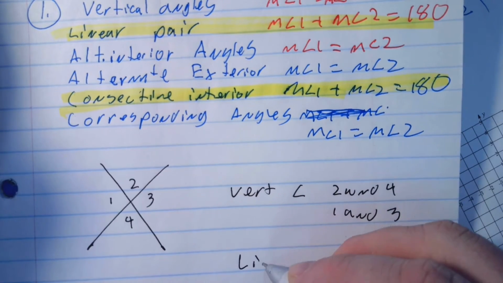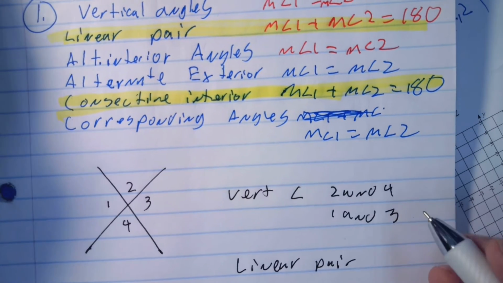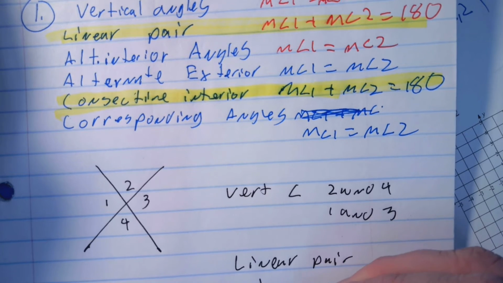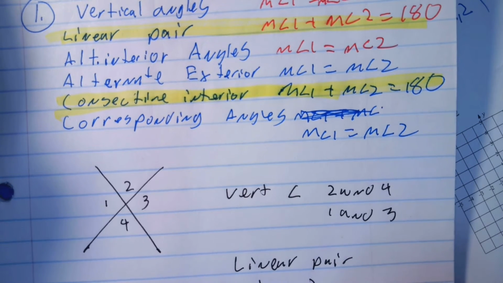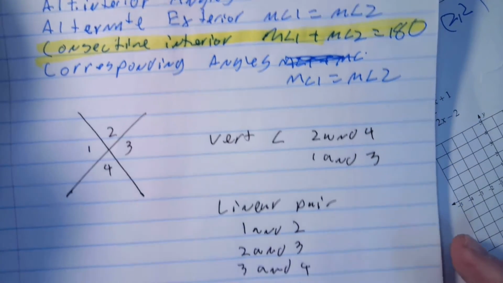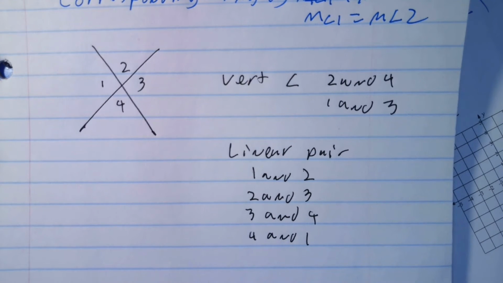Linear pairs are 1 and 2, 2 and 3, 3 and 4. You can't see all that, but that's where it is. So just make sure that you have all of that down.